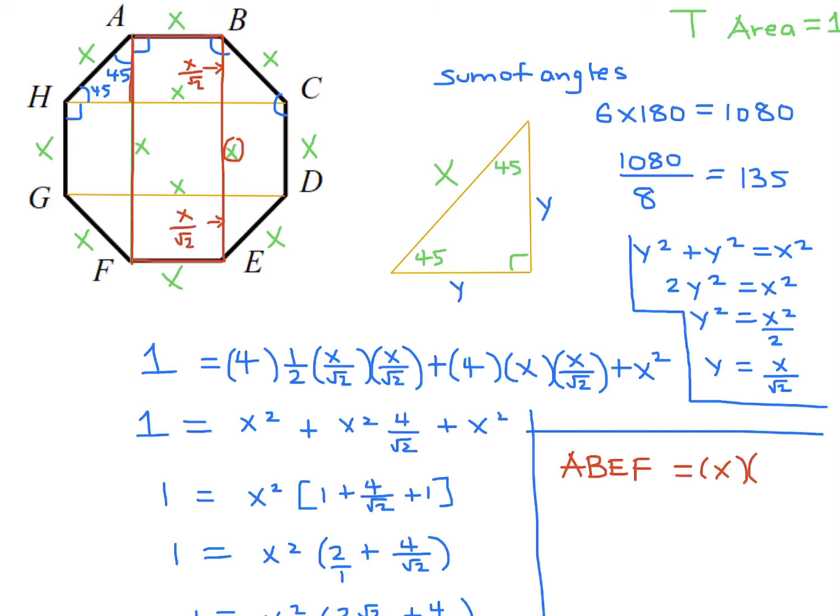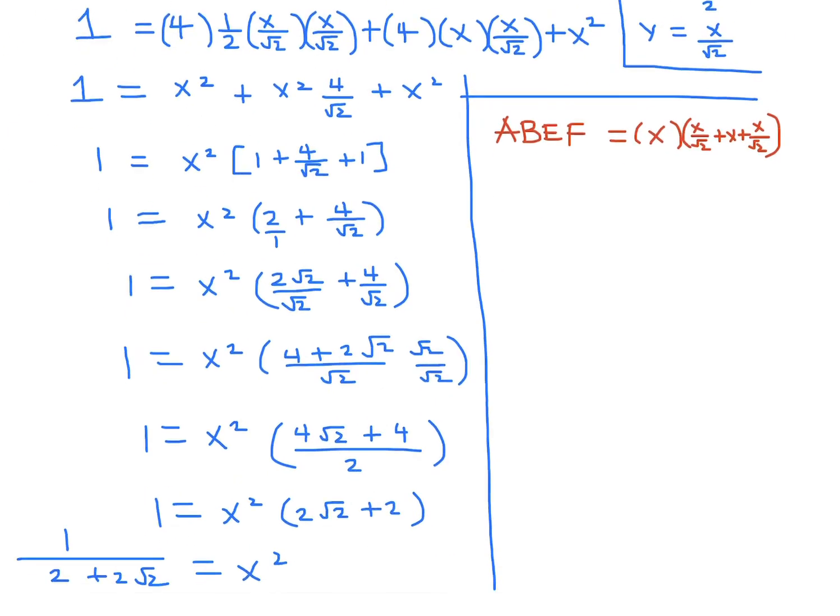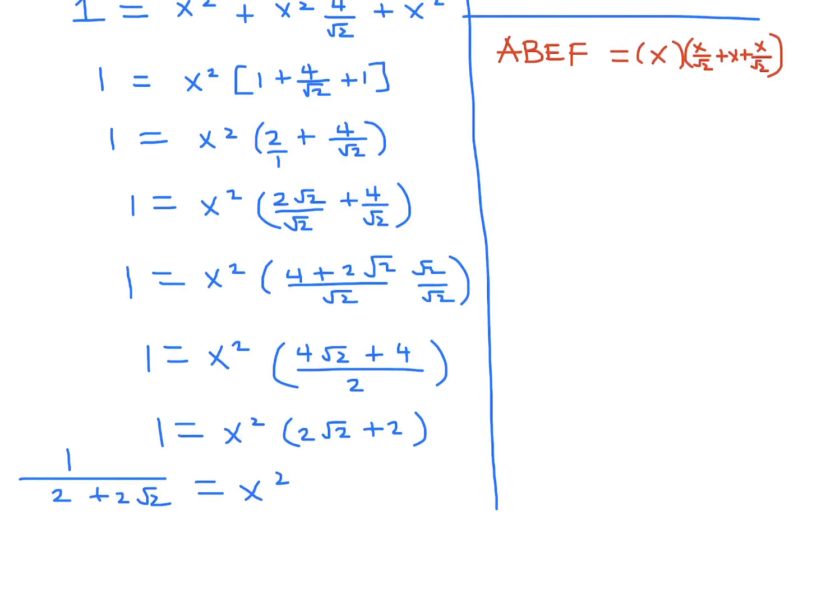So we've got x over root 2 plus x over root 2, like that. Move this up, and here we go.